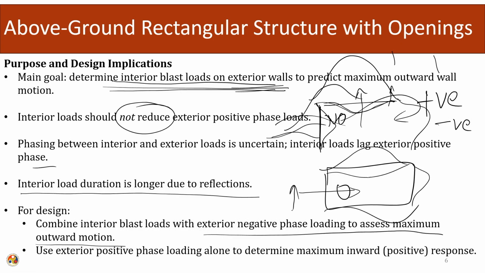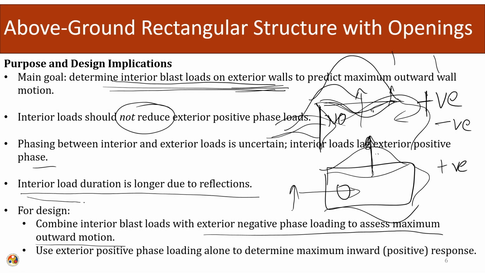There is a bulging out effect due to the positive interior loading pressure, and a bulging in effect due to the positive exterior loading. Since they are trying to cancel each other, we should not take them together.